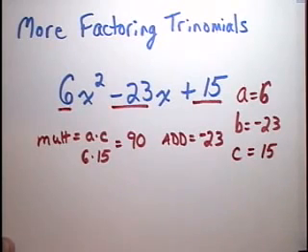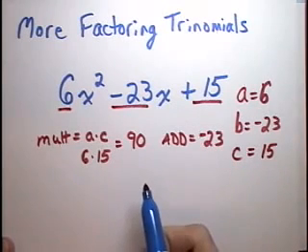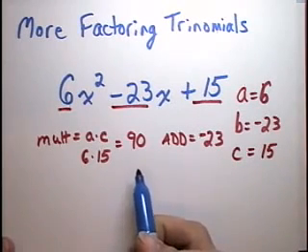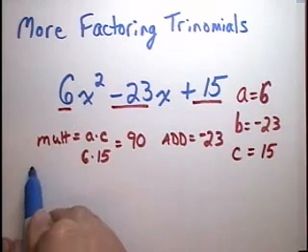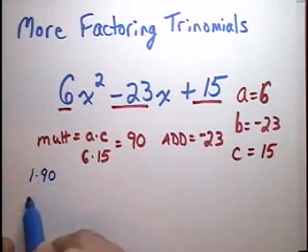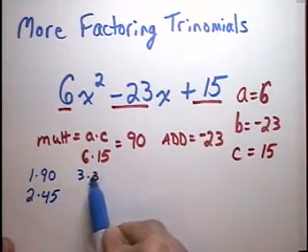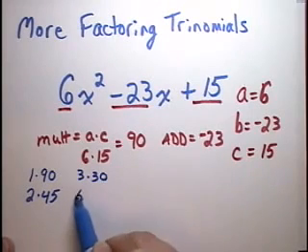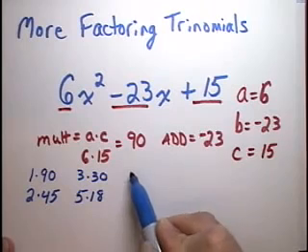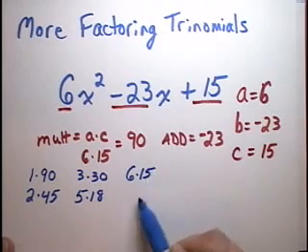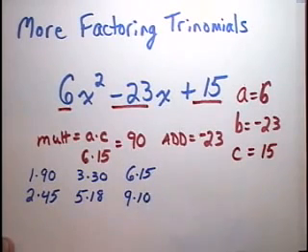So I need to look and see how I can get values that multiply together to give me 90. Well, that would be 1 and 90, 2 and 45, 3 and 30, 5 and 18, 6 and 15, 9 and 10.